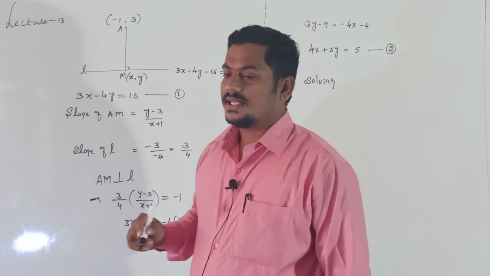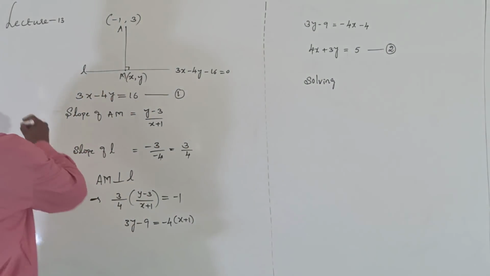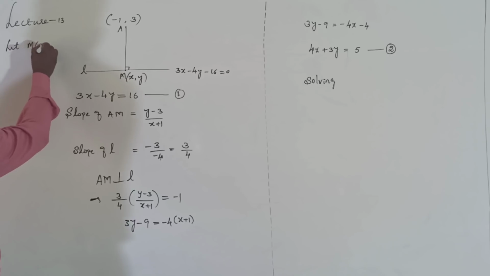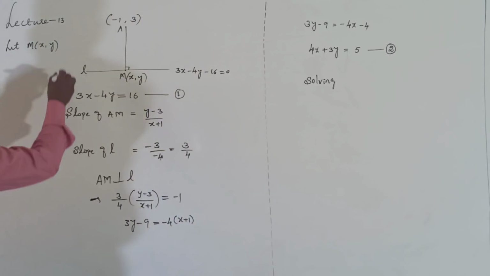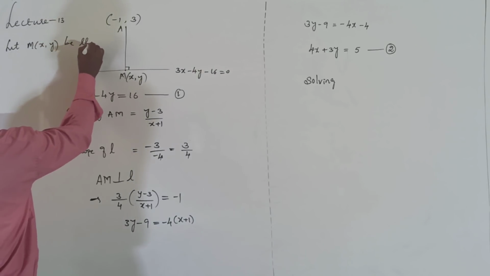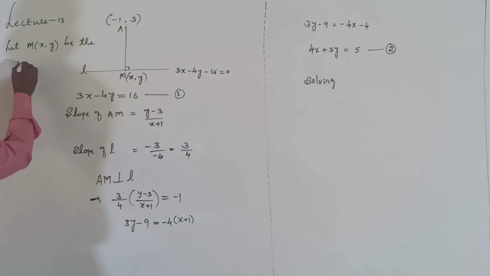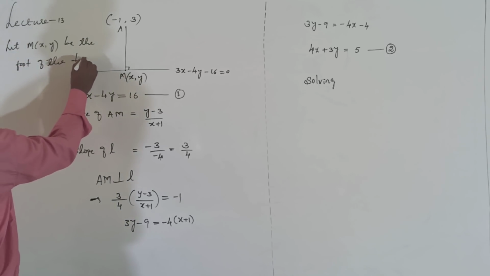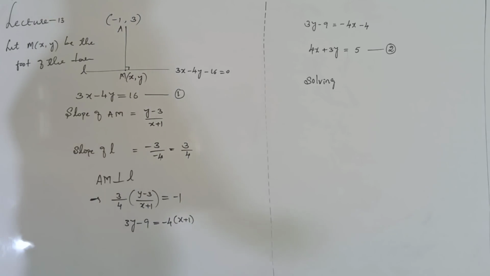Write one sentence here. Let M of x comma y be the foot of the perpendicular. This point is the foot of the perpendicular.